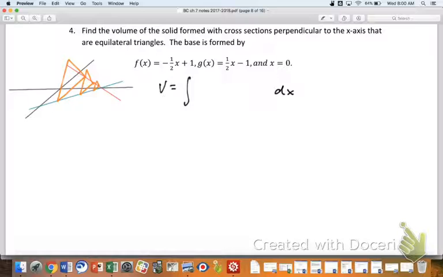Okay, and then we're going to integrate from which x value to which x value? 0 to 2. Okay, so 0 is clearly over here. So you guys are saying that that's 2? Okay, so 0 to 2. And then, of course, what goes in there is the area of the cross-section in terms of x.